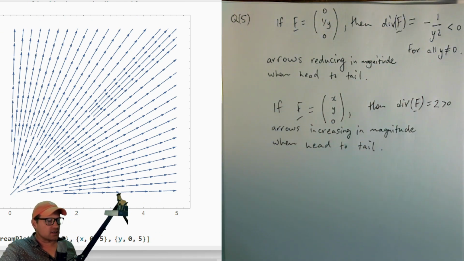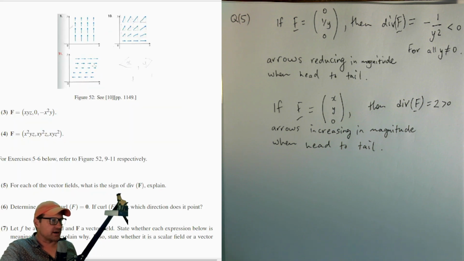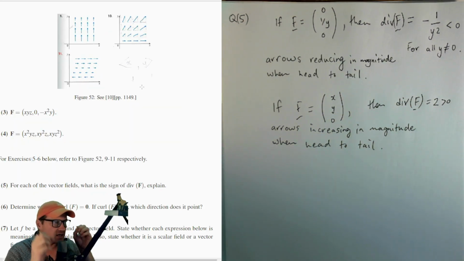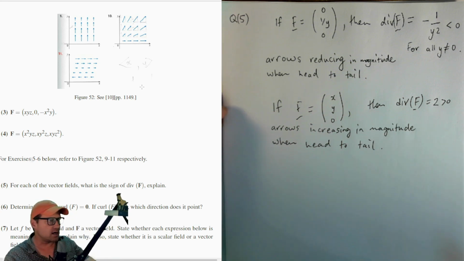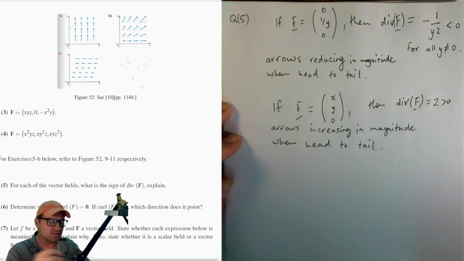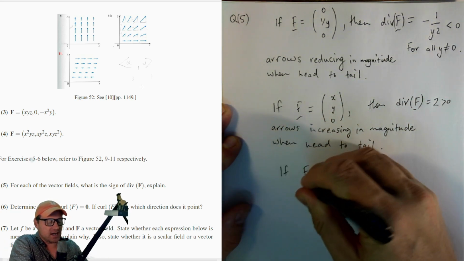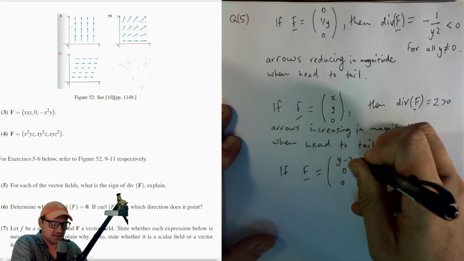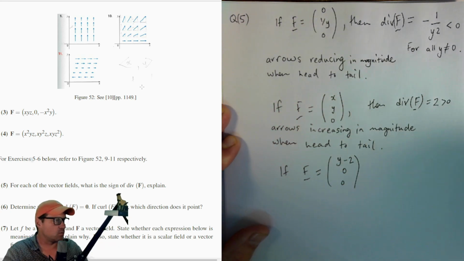Okay, so now let's look at our third diagram. In the third diagram, we have arrows seeming to have the same magnitude when they're lined up head to tail. And so in that case, we have div f equal to 0. So for example, if we had f equal to y minus 2, 0, and 0, then it might look like what we have there in this diagram on the bottom left.